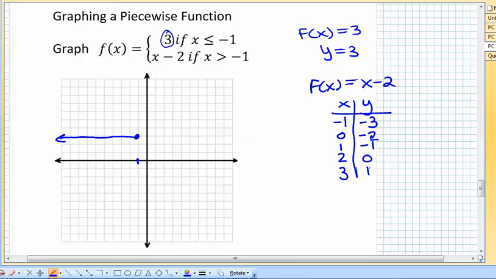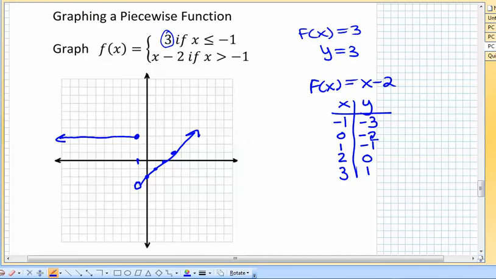So notice -1 is -3, which is down here. Now, to represent that it's not equal to -1, I'm going to put a circle there. Then 0, -2, I put a dot. 1, -1, 2, 0, 3, 1, and I graph it.